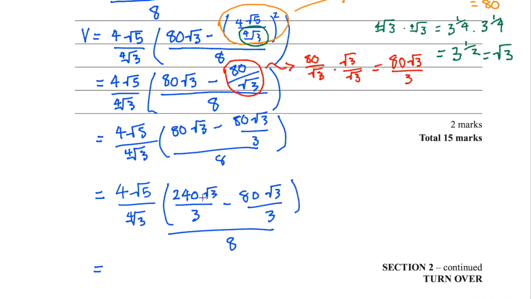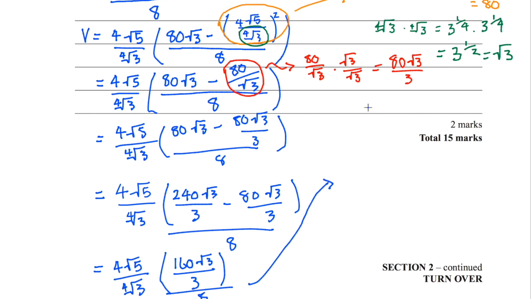Because I'm running out of space, we'll keep going. 4 root 5 on the 4th root of 3. 240 root 3 minus 80 root 3 is 160 root 3, divided by 3, and all of that is divided by 8.